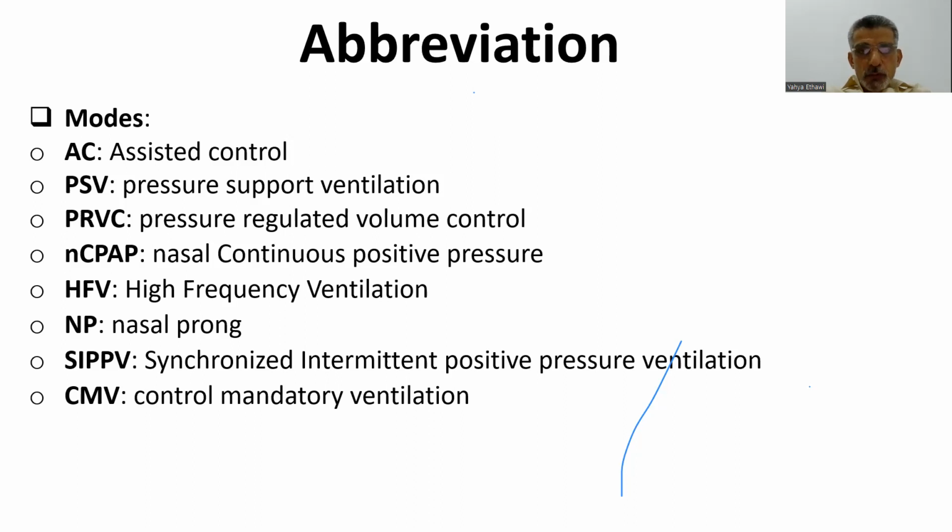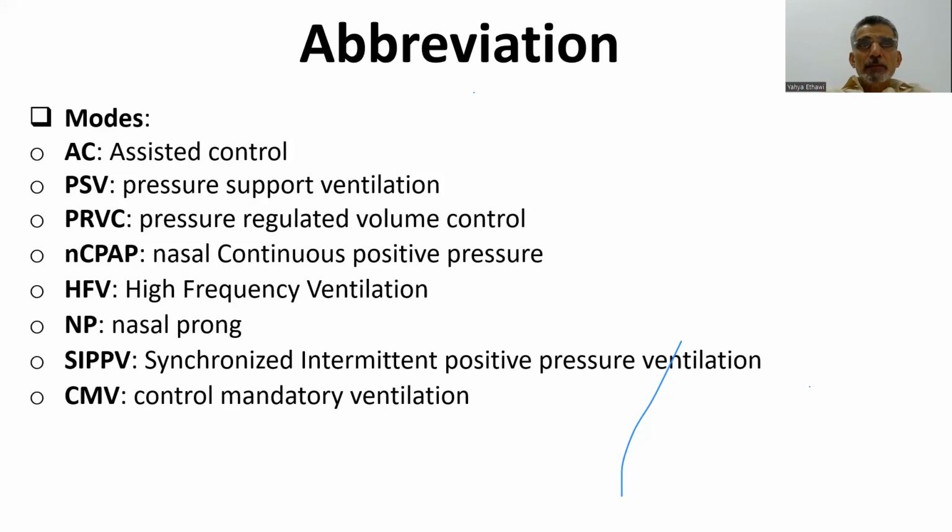The phase variables are two types, dependent and independent. I don't want to go to details, but phase variables, together with the type of breath, give us something called mode. So the mode is controlled by phase variables and type of breath.